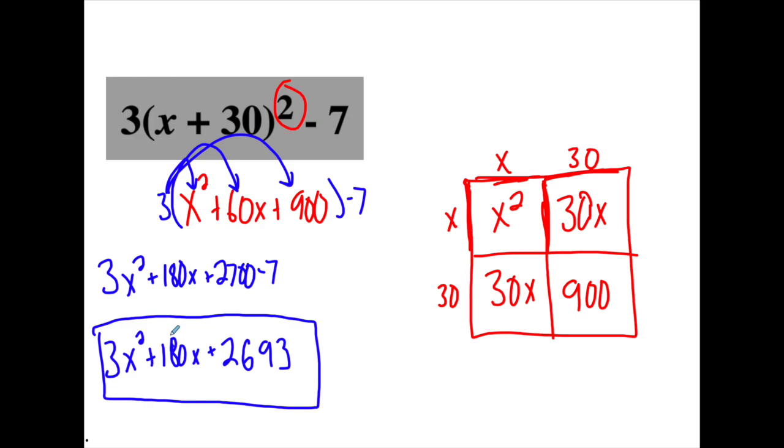I know some of the resources that we do, like for example, the online expanding website, doesn't necessarily require you to do your work, but it is important to be able to think about your processes here, because we are going to start to work backwards and go the other way. And some of the patterns that I think we're finding are really important when we start going from standard form back into, for example, intercept form.